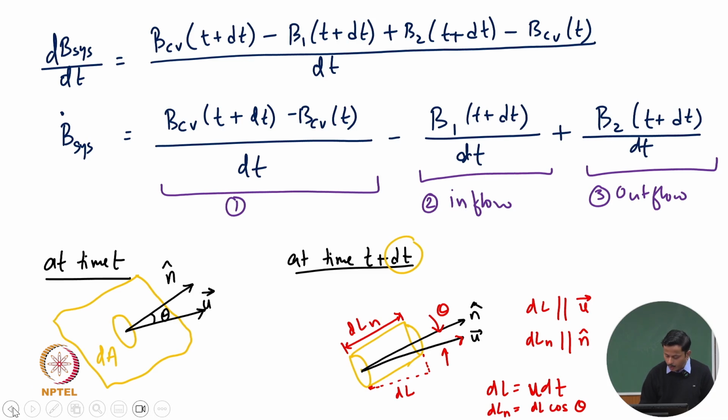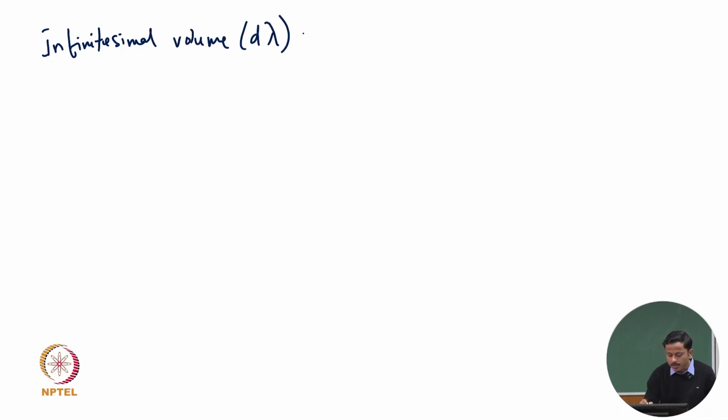So moving on to the next slide. Now we calculate the volume of the cylinder. Let's say the infinitesimal volume is given by d lambda. The infinitesimal volume of the imaginary cylinder extruded perpendicular to the area element is given by dA times dln.